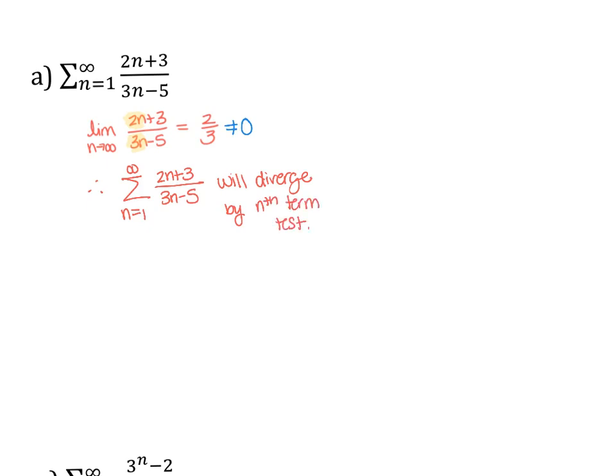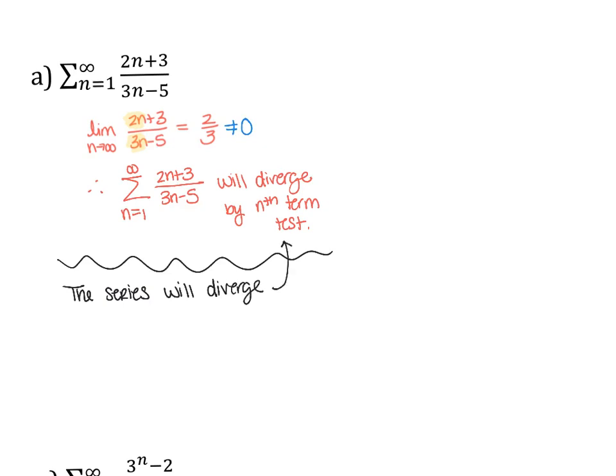So it's important that you start naming the test that you're using. I have my work up here to prove that I use the nth term test. And I want to make a little note here. The series will diverge here. And we just proved that.